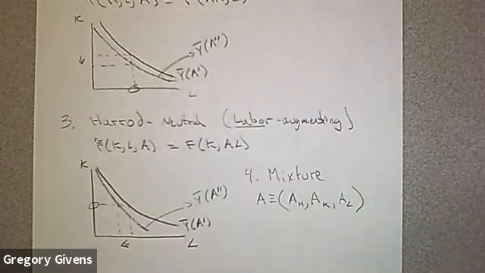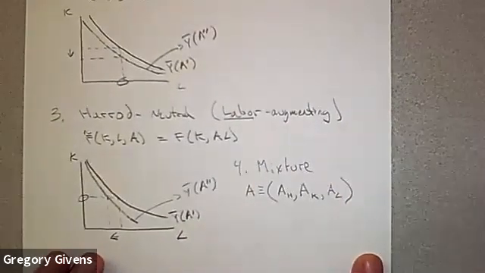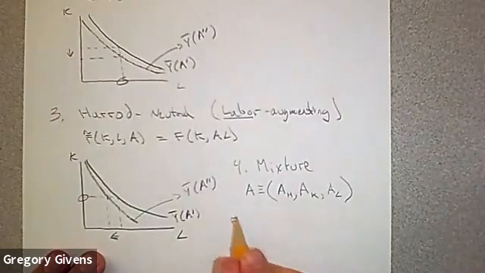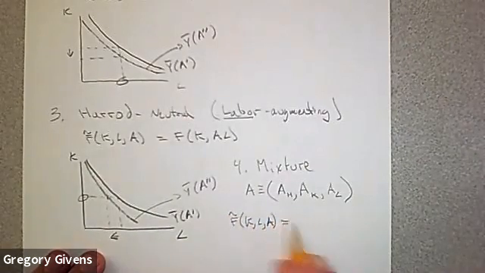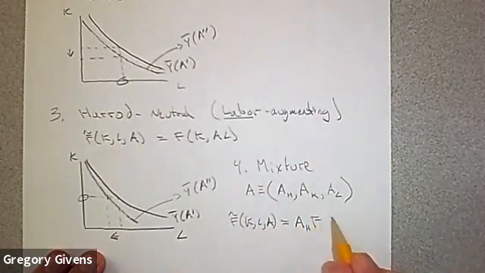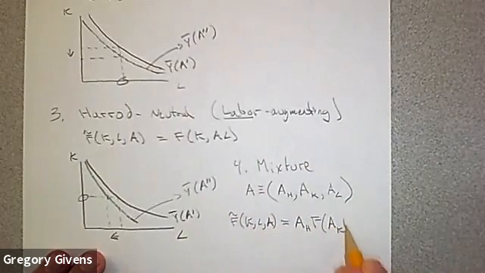So imagine technology actually was a vector of 3 dimensions. In that case, we can think about F tilde as being equal to A_H times F of A_K times K, A_L times L.